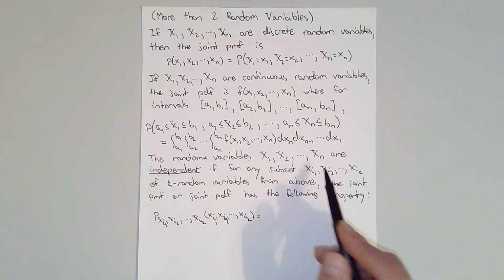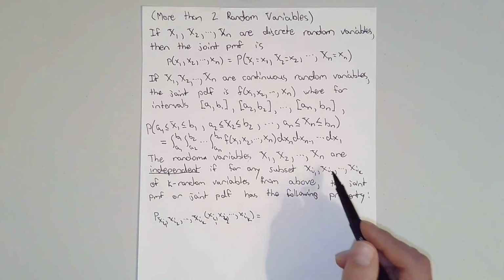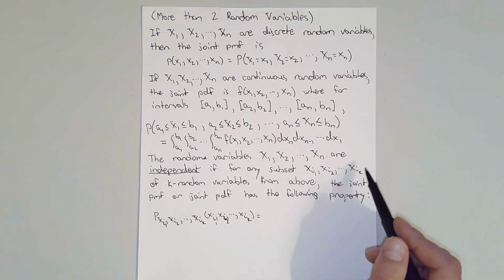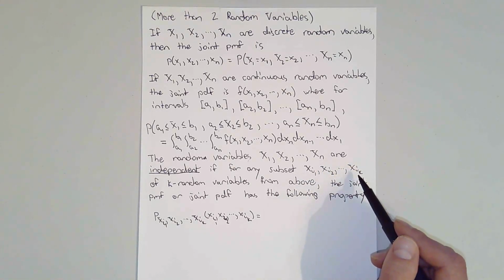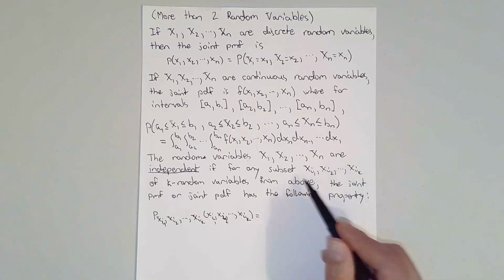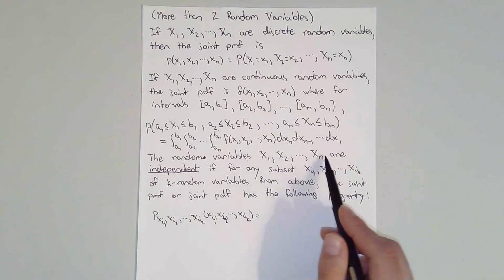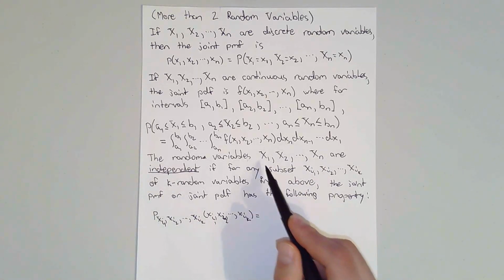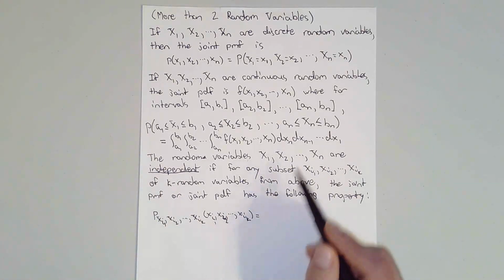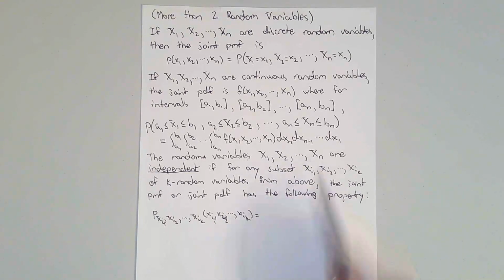we can denote these by x sub i_1, x sub i_2, all the way up to x sub i_k. So in the case that k is equal to 2, this is some subset of 2 random variables of these n random variables. So it might be x sub 1, x sub 2. It could be x sub 1, x sub 3, or x sub 2, x sub n.